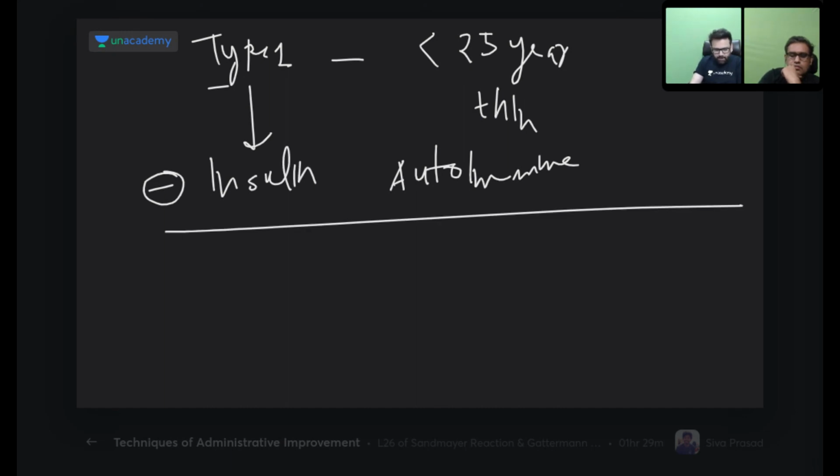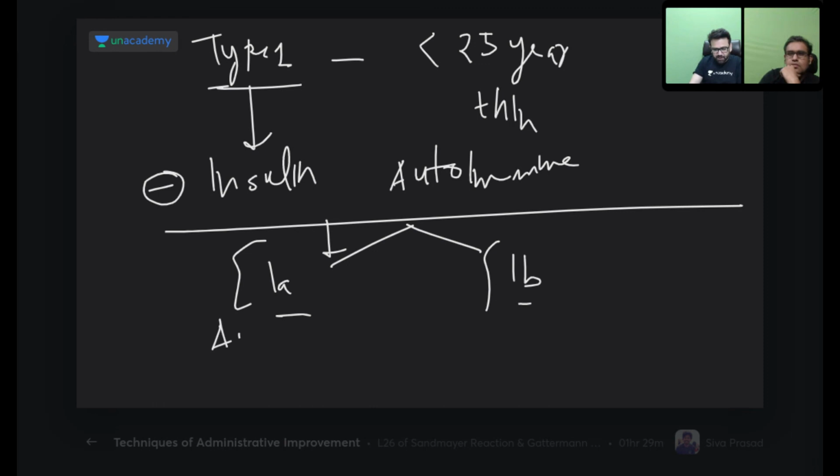There are also type 1A and 1B. Can anyone tell me 1A and 1B? Type 1 can be divided into 1A as well as 1B. It is mainly autoimmune.